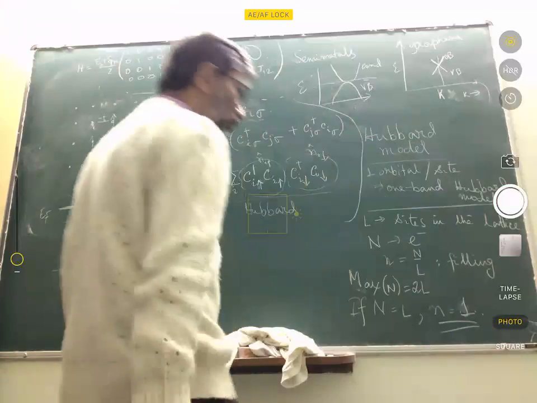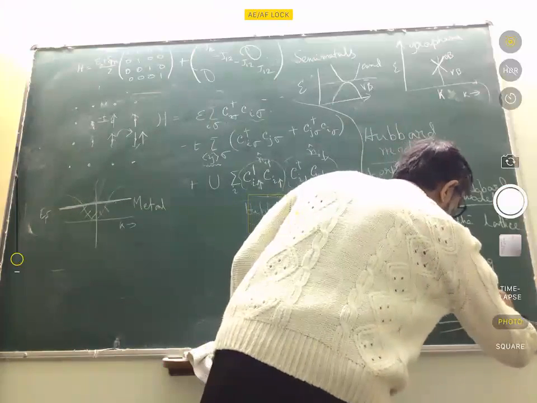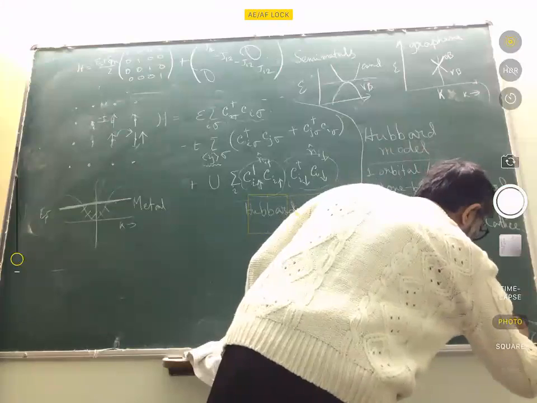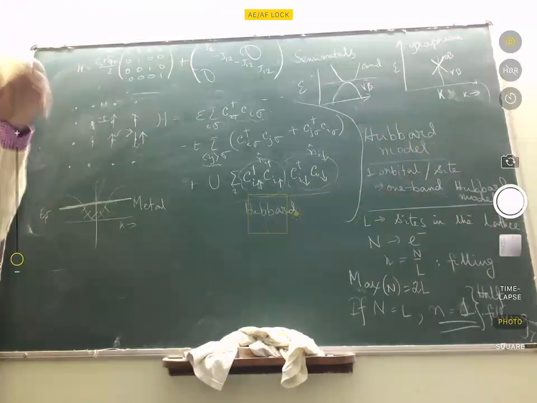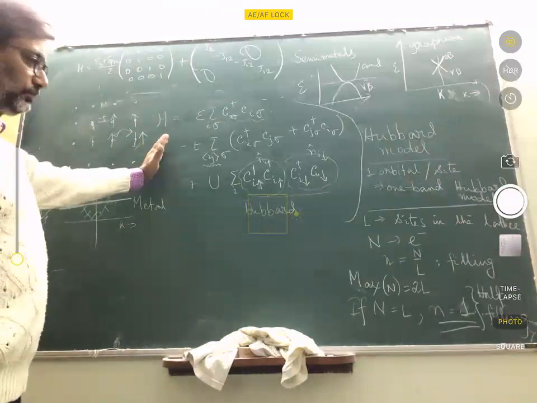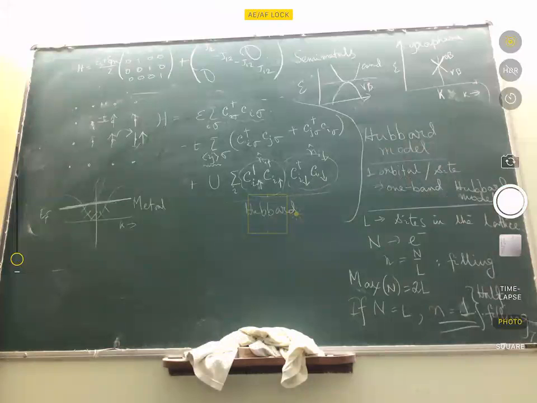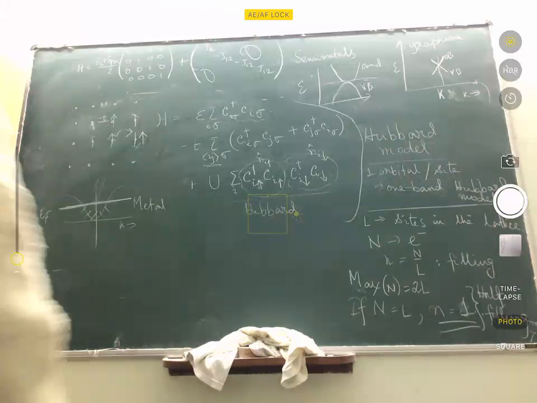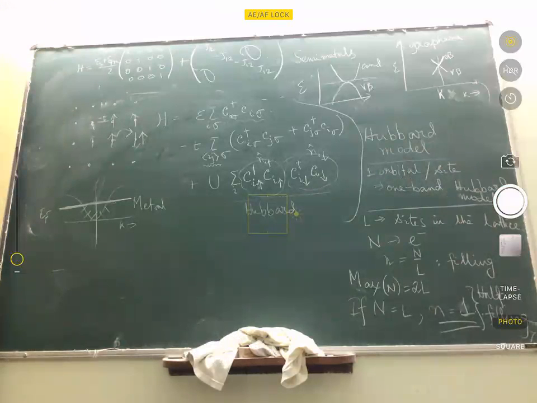This small n equal to 1 case is called half filling, because you have half the maximum number of electrons you can have. That is simple, just some nomenclature. But here is the model, and it need not be at half filling. But half filling is a special and interesting case. And there are materials which can be described by the half-filled Hubbard model.